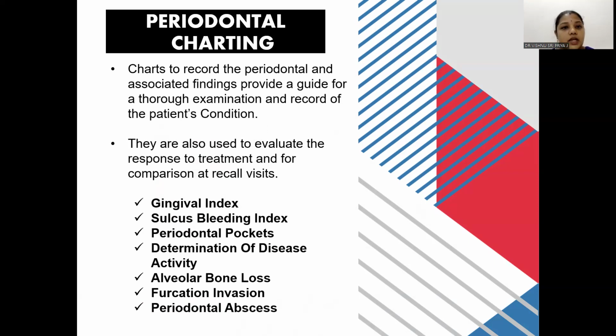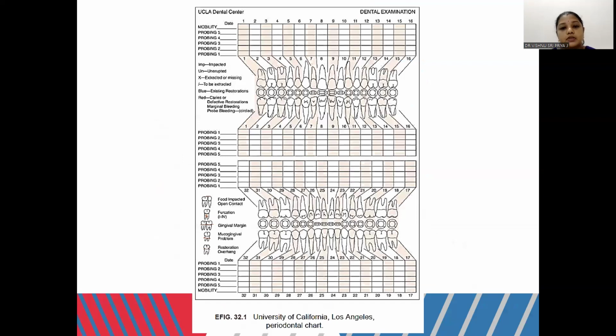These are the things which have to be recorded in your periodontal charting: gingival index, sulcus bleeding index, pocket, determination of the disease activity, alveolar bone loss, furcation invasion, periodontal abscess. So this is the periodontal charting chart, with which you can nicely assess the condition of a patient.